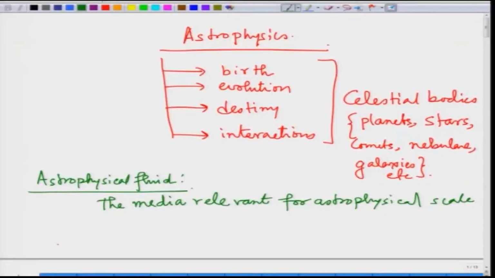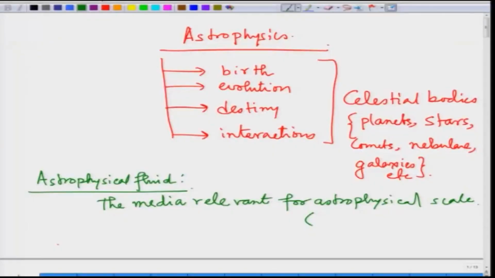So 100 astronomical units means 10 to the power 10 kilometers. Our astrophysical length scale will vary from roughly 10 to the power 10 kilometers to 10 to the power 13 kilometers. I assume all of you know the basic definition of astronomical unit: this is the average distance between Earth and the Sun, and a parsec is roughly about 3.26 light years.